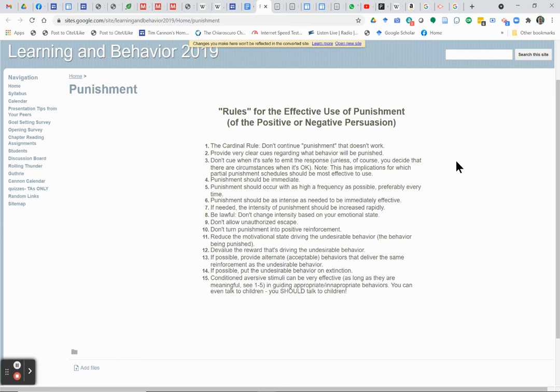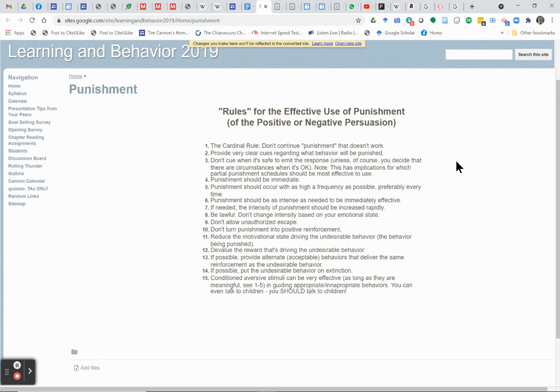The organisms can exhibit the behavior, but the behavior doesn't work. And the behavior will stop pretty much on its own, even without punishment. But if you add punishment to the behavior, it will really work well.